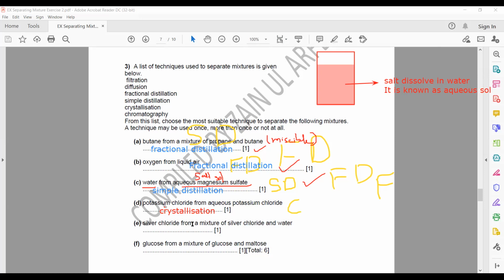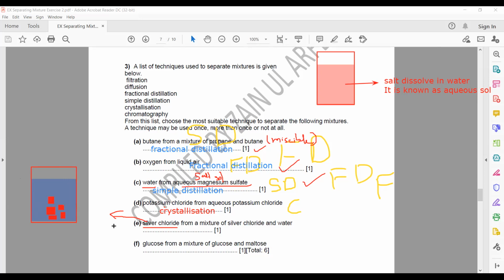Then silver chloride from a mixture of silver chloride and water. Silver chloride is insoluble. Look, yesterday I gave you one table showing which salts are soluble. So silver chloride is an insoluble salt. When silver chloride is mixed with water, the water will be there and the silver chloride will be there as well. You are able to see the silver chloride.